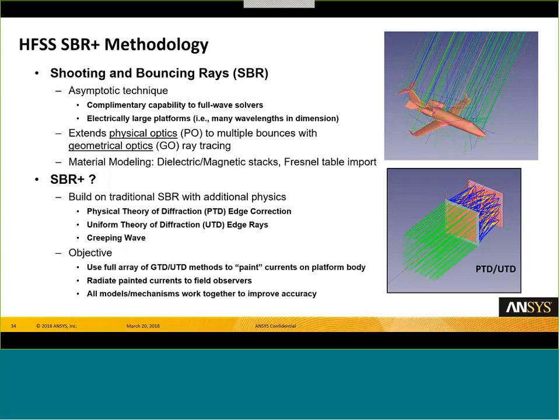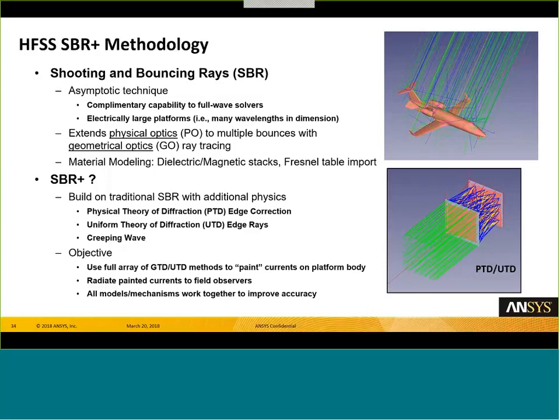Shooting and bouncing rays extends physical optics to multi-bounce with geometrical optics ray tracing. So it's physical optics essentially at its core. It allows for material modeling, and that comes in the form of dielectric or magnetic stacks or Fresnel table imports. SBR+ takes that capability and adds onto it with additional physics that are coded into it, and those physics come in the form of improved diffraction handling.